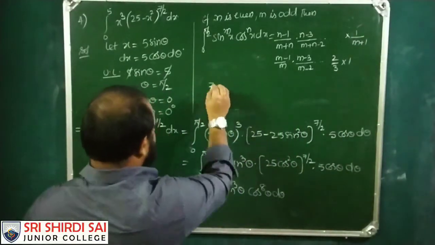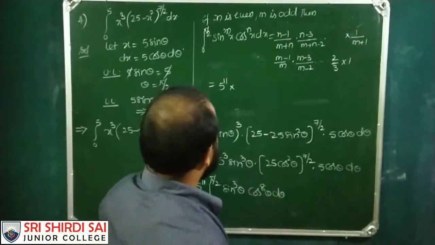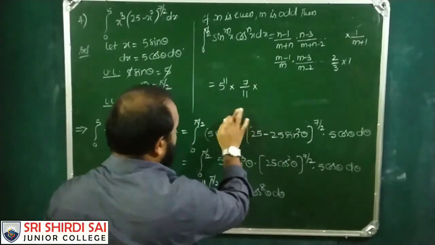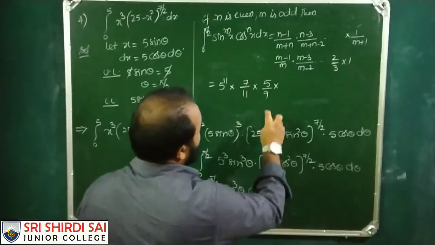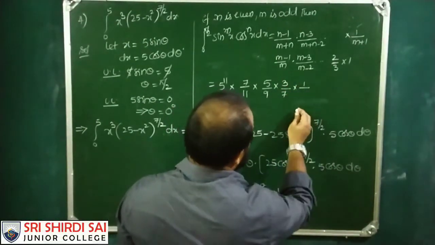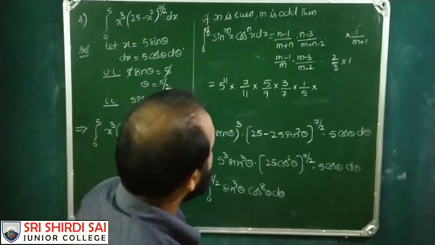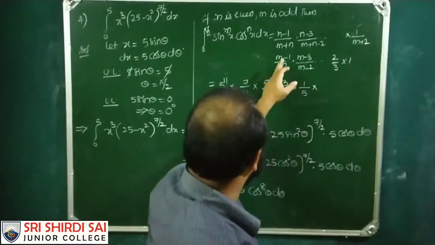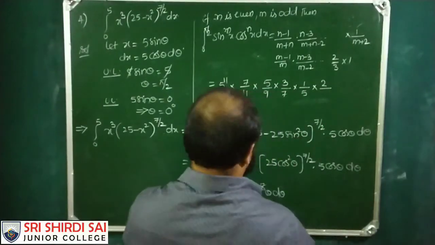So this is equal to, already 5 power 11 we have, into, now n is 8. 8 minus 1, 7 by m plus n, 3 plus 8, 11, into, reduce, 5 by 9, further reduction gives 3 by 7, further reduction gives 1 by 5, into, see, check with this, m plus 1, m is 2, so 1 by m plus 2 is 3 plus 2, yes, and the next term is m minus 1, m value is 3, 3 minus 1 is 2 by 3.